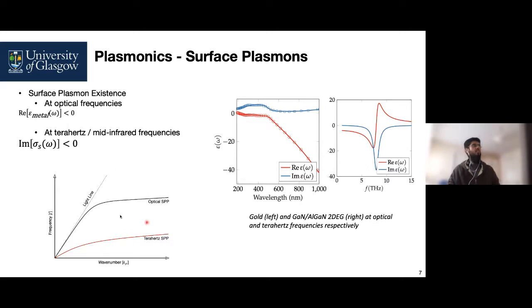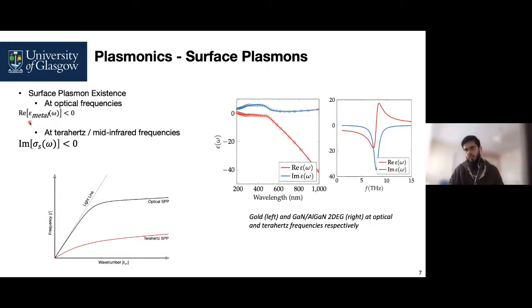Now, those conditions are, at optical frequencies, if we observe the dielectric constant of a metal, we would want the real part of the dielectric constant to be negative in order for the surface plasmons to exist at the interface.